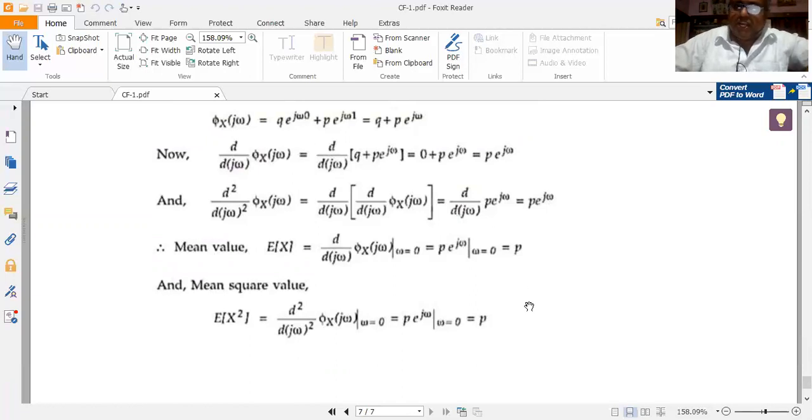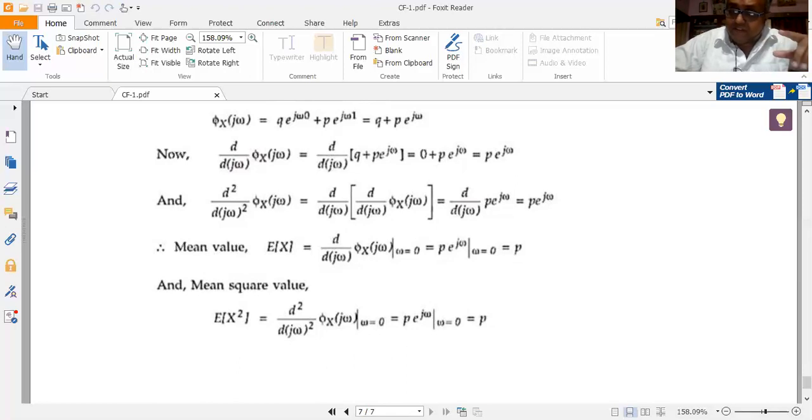If I want to find the variance of a Bernoulli distribution, I told that it is 0. How to do it? Variance of x, sigma x squared, is equal to E of x squared minus mean the whole squared. So E of x squared I have already calculated to be equal to P. So let us do the calculation of the variance.